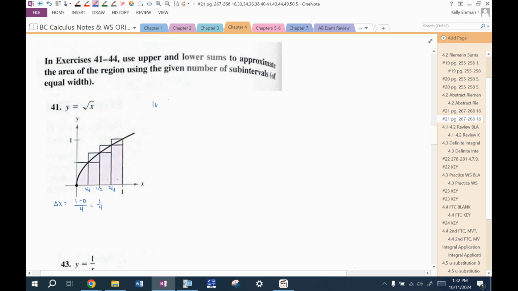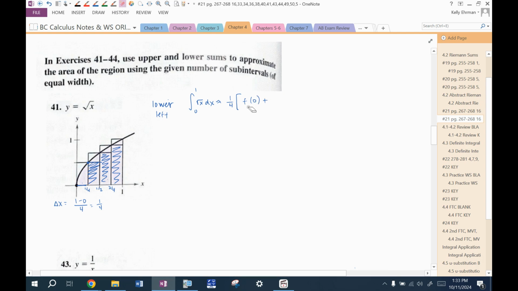All right, so let's start with our lower. This is an increasing function, so you can see that the lower is the left endpoint here. So lower is going to be left. The integral from 0 to 1 of the square root of x dx is about equal to delta x, 1/4, times f of 0 plus, I guess it's not f, is it?